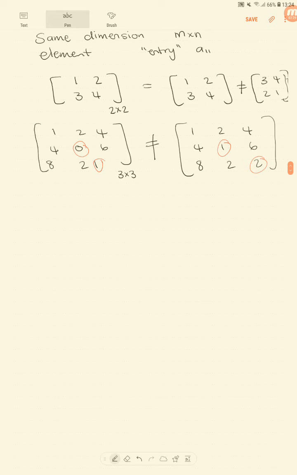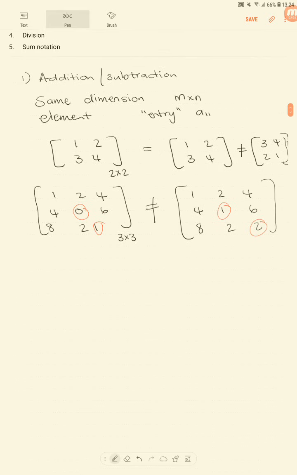Okay, so for addition and subtraction, you can only add or subtract when it's the same dimension. And when you add or subtract matrices with the same dimension, you simply add or subtract the same element from the second matrix.